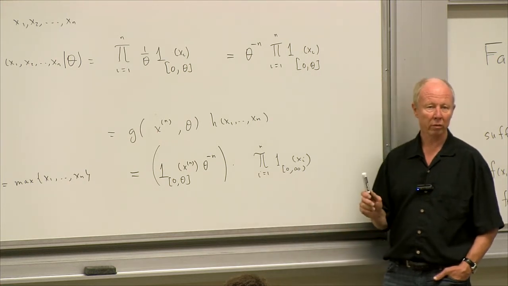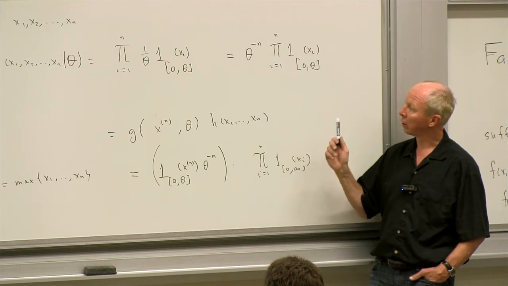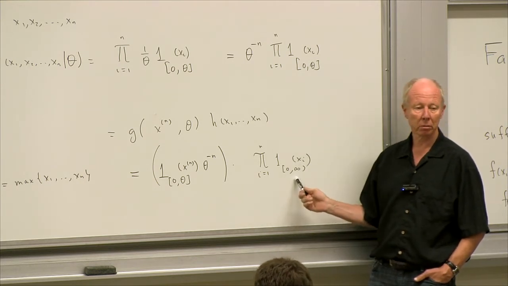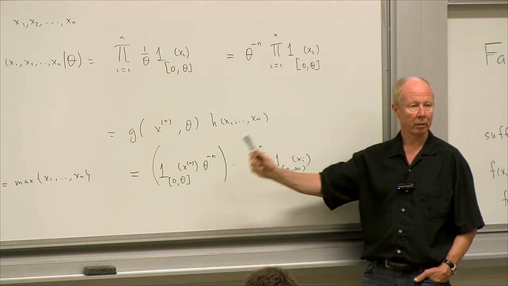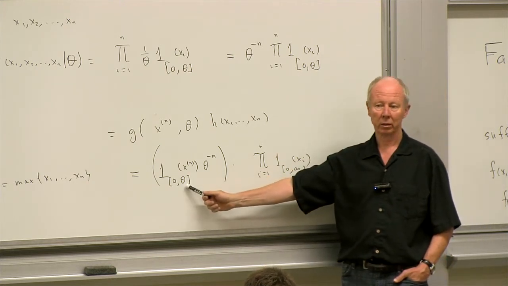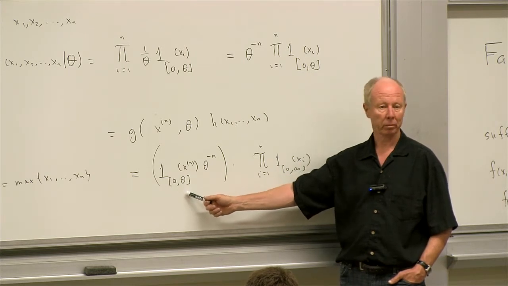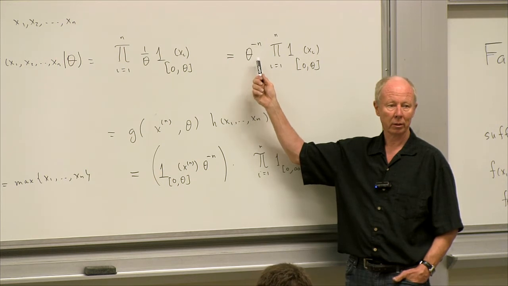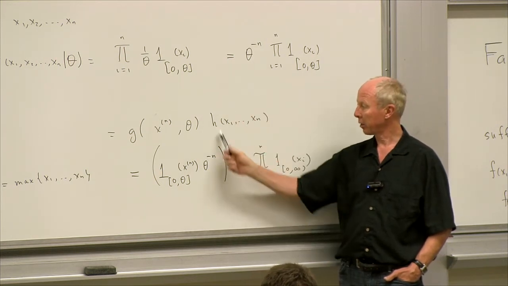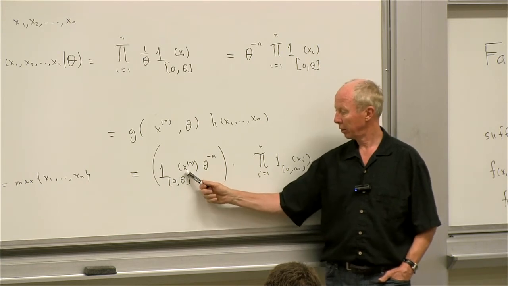If one of the data points is outside of the interval from 0 to theta, what happens? If it's to the left of 0, this would be 0. If there's one to the right of theta, what would happen? Then the maximum one would be to the right of theta, and this would be 0. Okay, so this function and this function agree, and this function has that form. Here's the statistic.